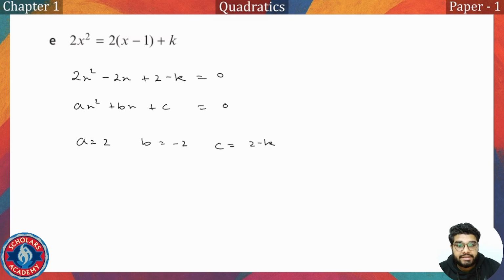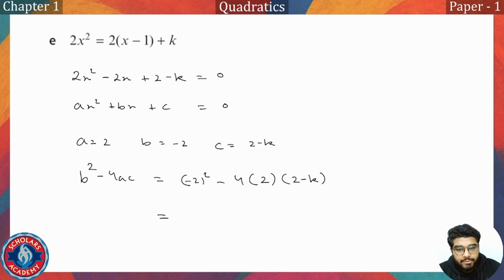Alright, so a is 2, b is -2, c is 2 minus k. Finding the value of discriminant b square minus 4ac, that is equal to -2 square minus 4 times a, that is 2, and c, that is 2 minus k.